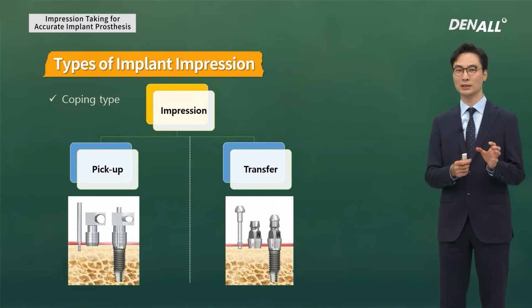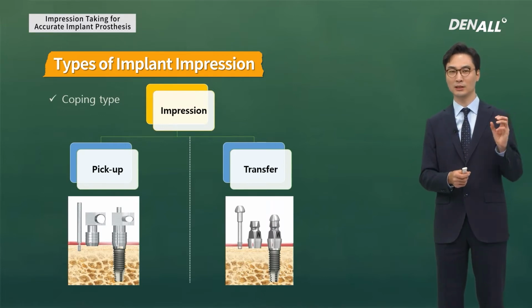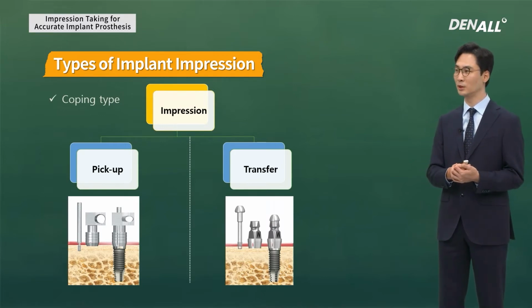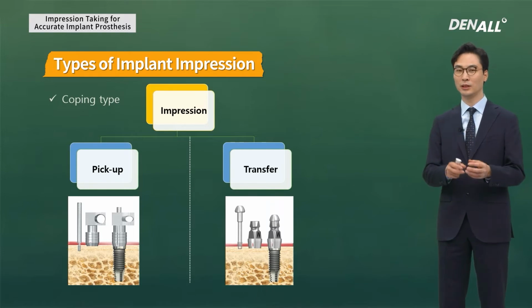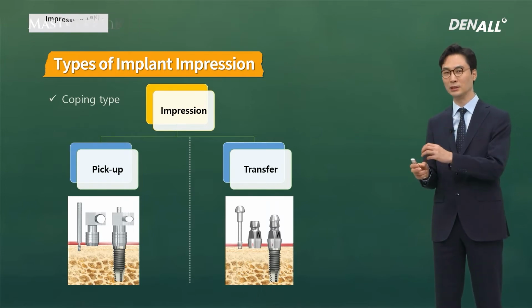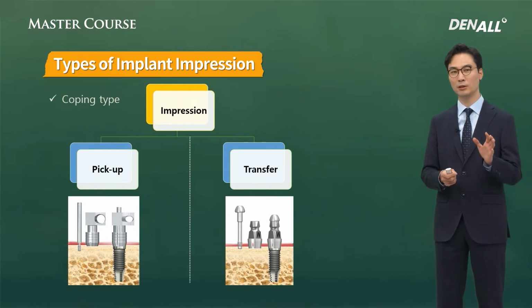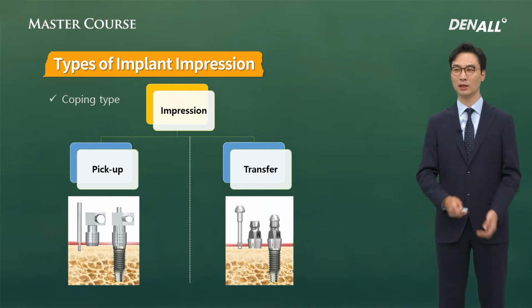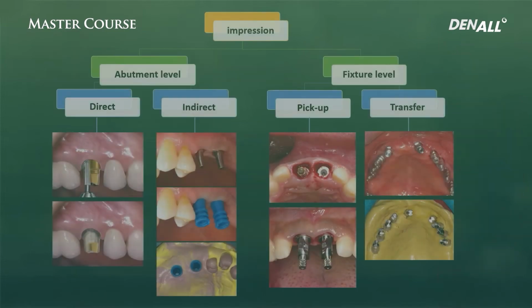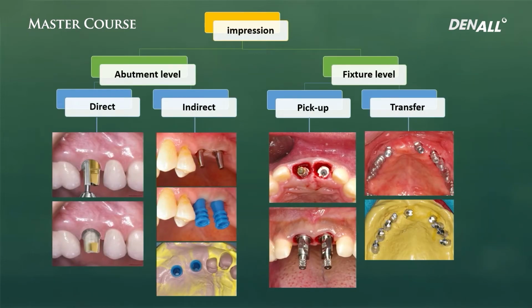Depending on the type of coping that you use, whether you use pickup type or transfer type. As for pickup type, it is picked up with tray, and for transfer type, this is also used for impression later. This is not all, but let's take a summarized view. Abutment level: it is connected within oral cavity and impression is taken in the same way as natural teeth.